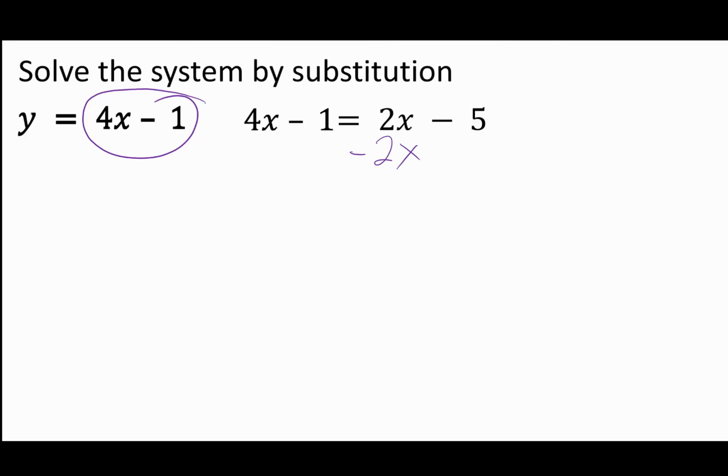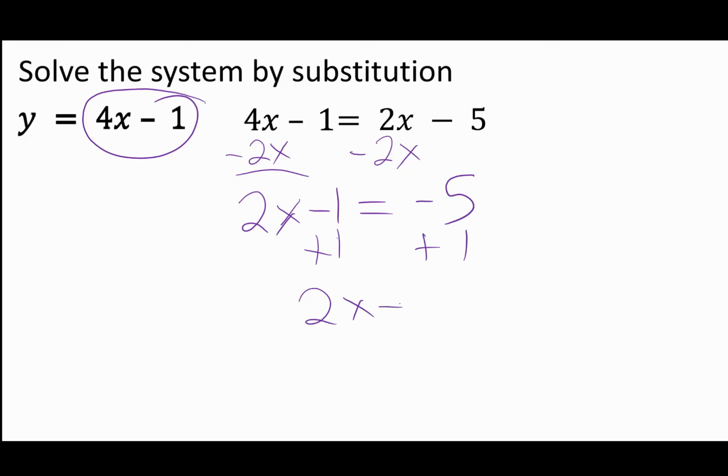So I'm going to subtract 2x from both sides. 4x minus 2x is 2x, minus 1 is equal to a negative 5. Now that I have my x's on the same side, get x by itself, add 1, we get 2x is equal to a negative 4, and divide by 2, we get x is equal to a negative 2.